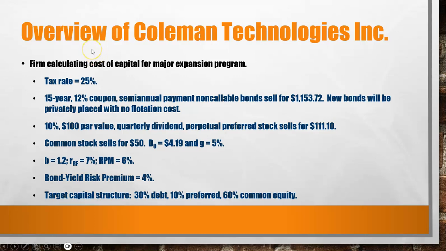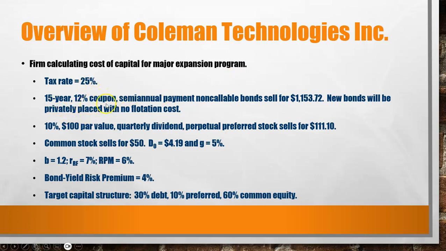So here, remember, there are solutions. There are PDFs in each of the modules with examples of what we're going to work through. Right now, we're working on chapter 10's example. So Coleman Technologies, a firm calculating cost of capital for a major expansion. We have a tax rate of 25%.